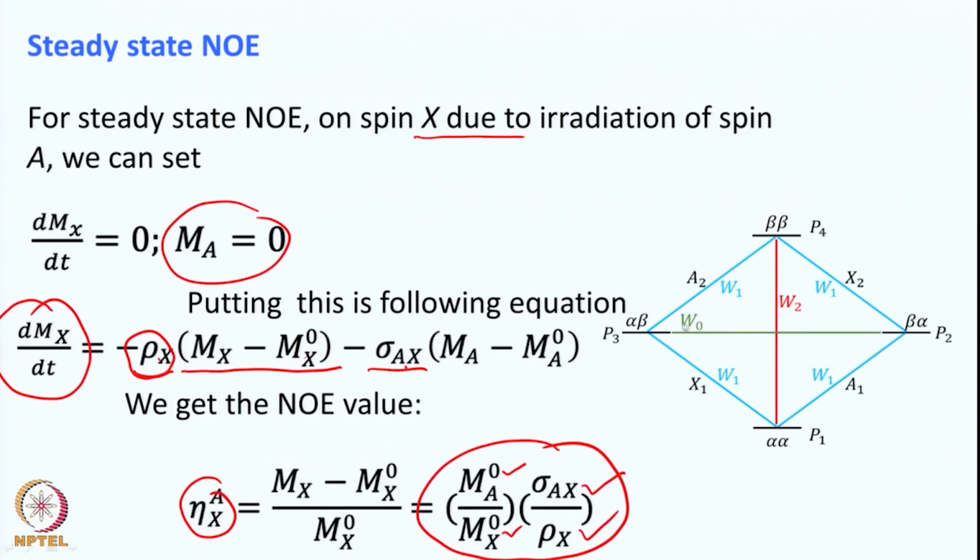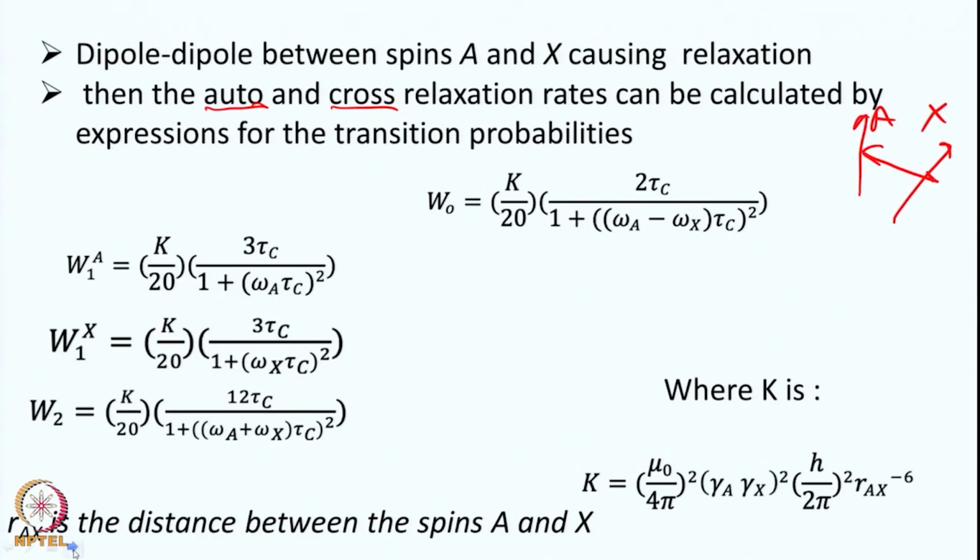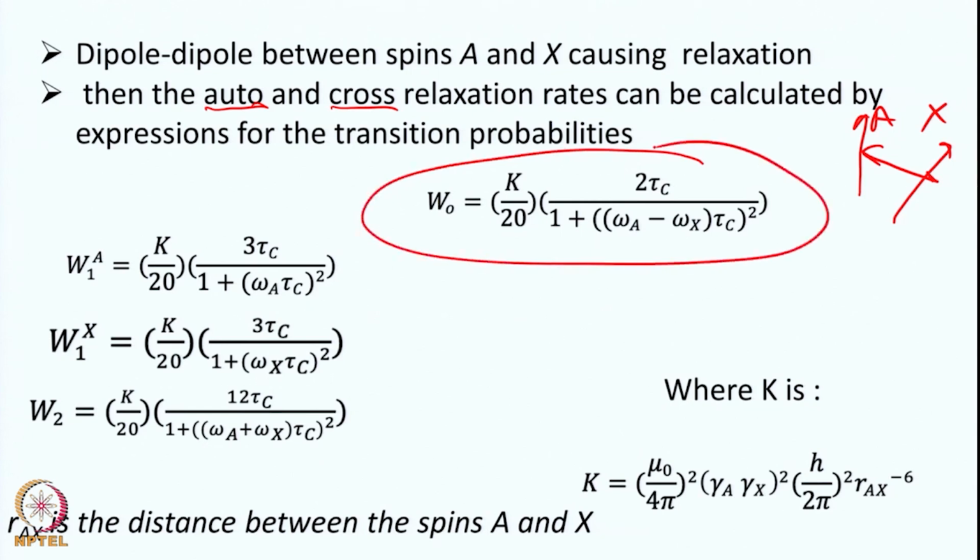So, that is omega 0, omega 1 and omega 2. If we can calculate this, one can find out what the omega 0 is for this correlation. That will be given by k divided by 20, 2 tau c over 1 plus omega A, that is the frequency of A, and omega x, that is the frequency of x, and tau c is the correlation time of this molecule.